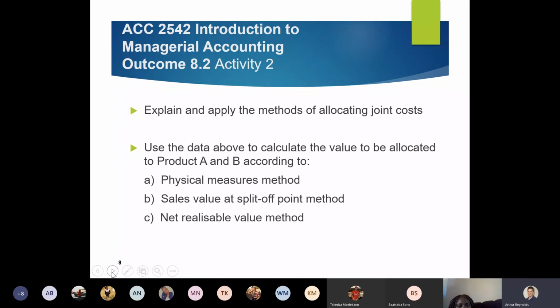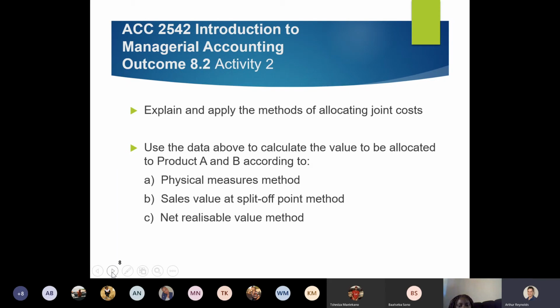As you said, A is 700 out of the 1,000 kilograms, 70%, and B is 300, so it's only 30%. That's how we look at the physical measures method. So we apply for A 70% of the cost and for B only 30% of the cost. So we say the more you make of one, the more of the cost we allocate.